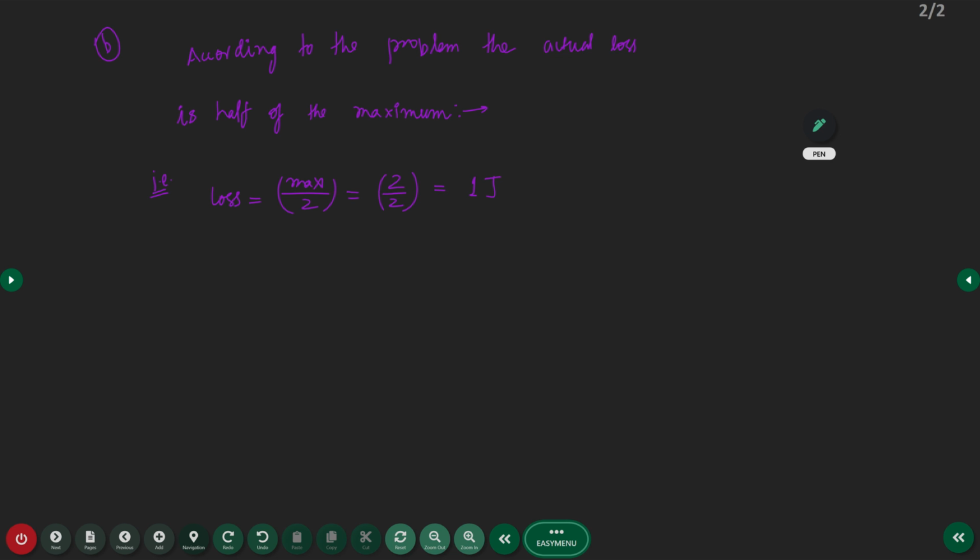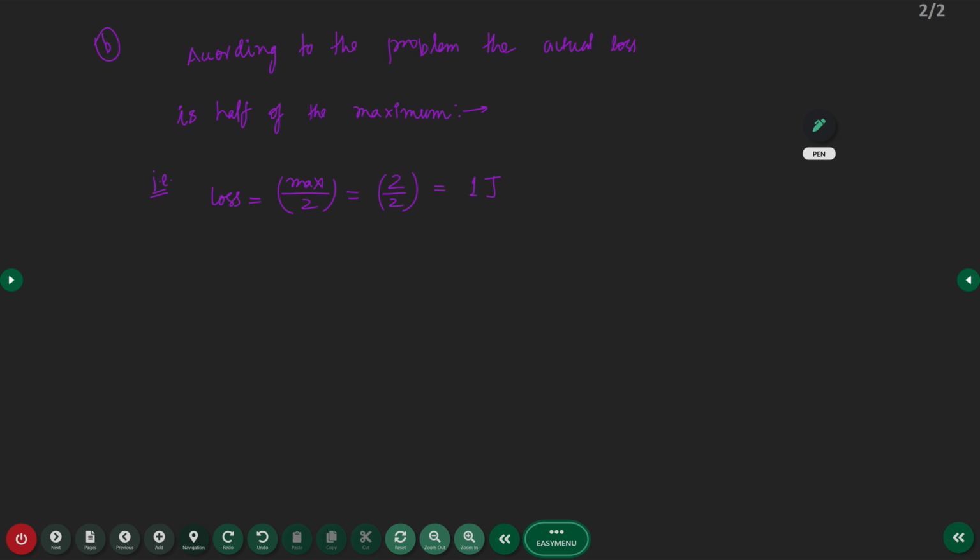Okay, so what we have to decide? Coefficient of restitution. So in this case, again, we have to find out the final velocities of the blocks, right? V1 and V2. So for maximum loss, we have assumed that both of the blocks will be having common velocity.